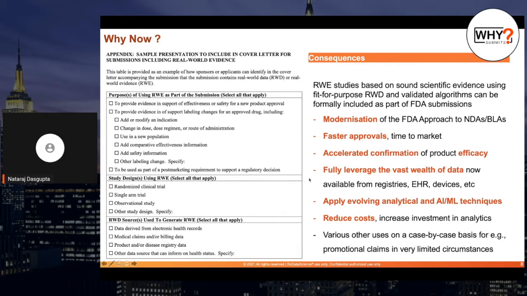Firstly, of course, this represents a modernization of the FDA approach to NDAs: faster approvals, time to market, accelerated confirmation of product efficacy. Basically, instead of doing a full-fledged randomized clinical trial, which could take years, you can supplement that or make it stronger with observational data like longitudinal patient records, which all the major pharmaceutical and healthcare firms work with.